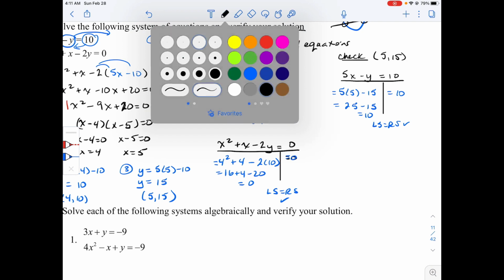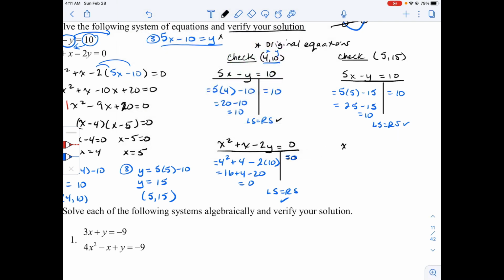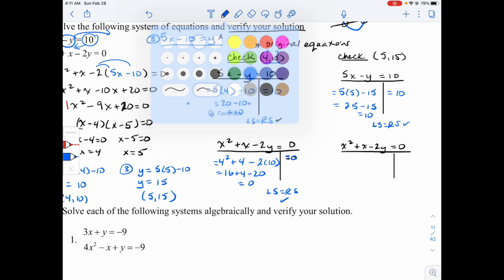And again, let's do the final equation. This is kind of a long process, but this is how we would do a proper check.